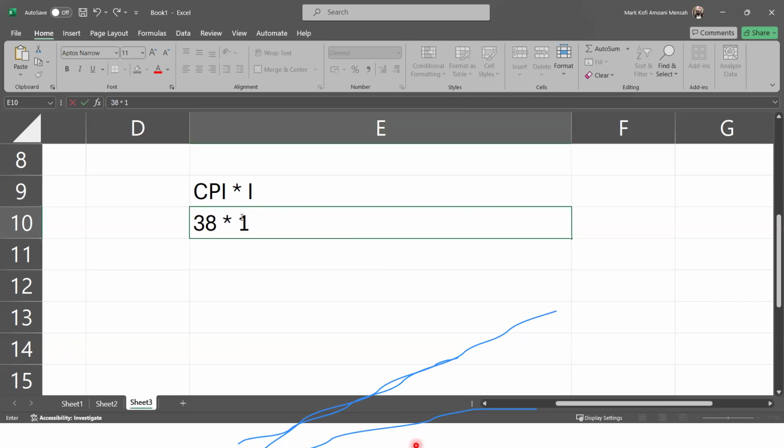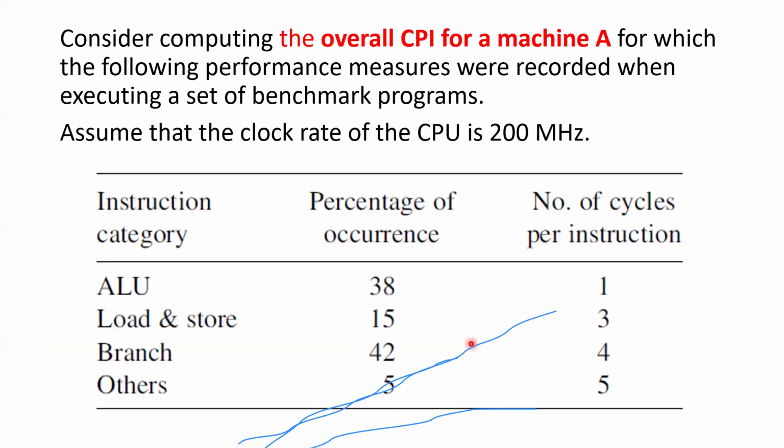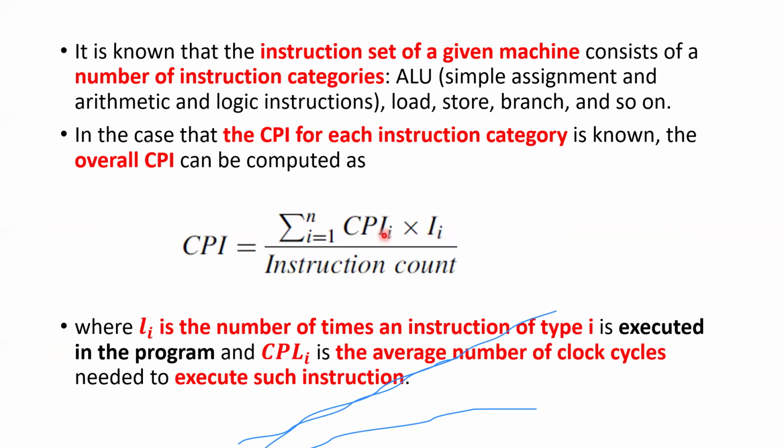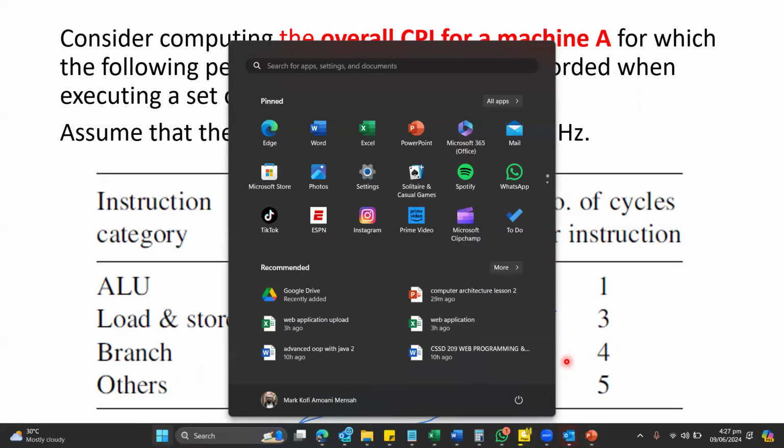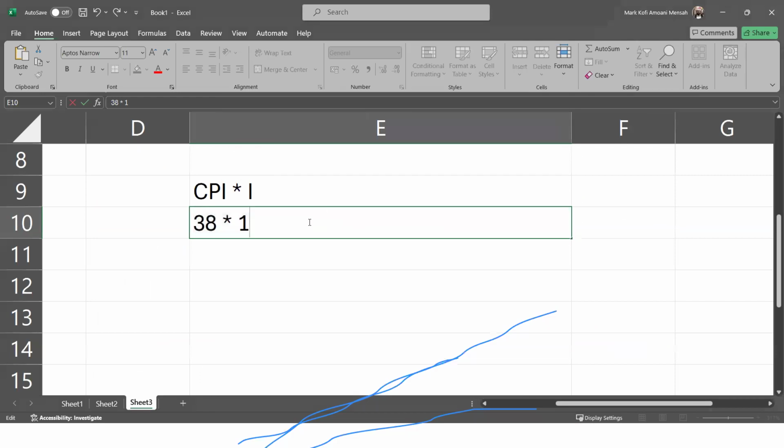Now, this piece which I've done here, if you watch the formula, this half is taken care of. CPI times I, that is taken care of. But we have the summation symbol here, which says that from our starting point to our ending point, we should add every CPI times I we find. That means if I go back to this table, the next one I find is 15 and 3. For the formula, I'm going to say, when you are done multiplying this together, go and add the multiplication of 15 times 3.